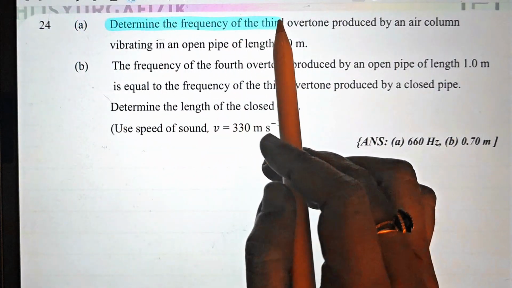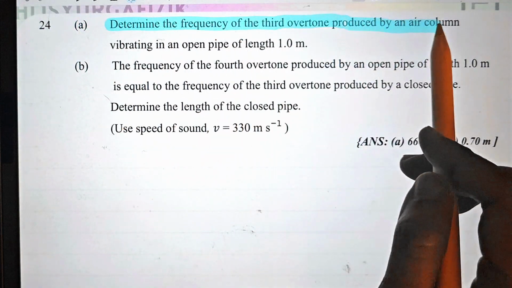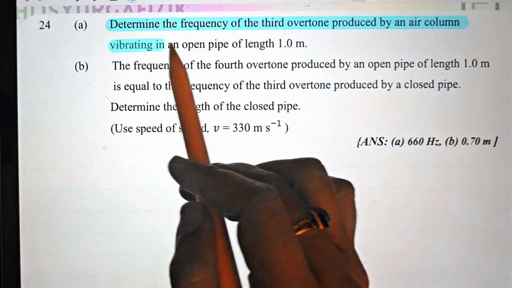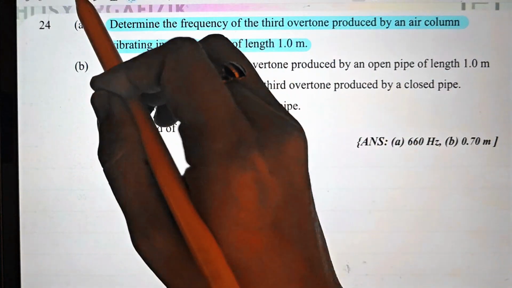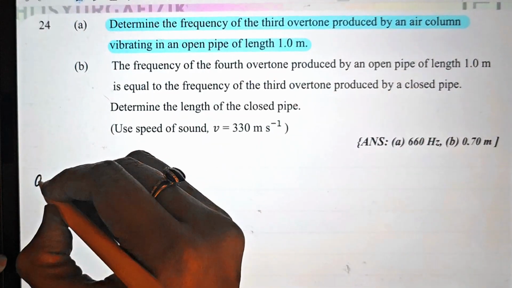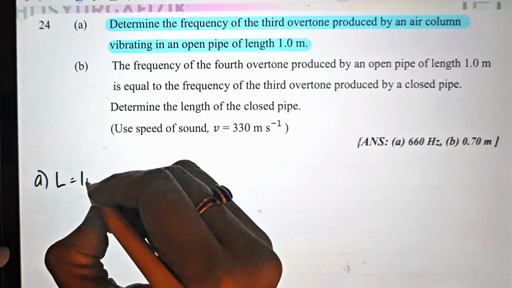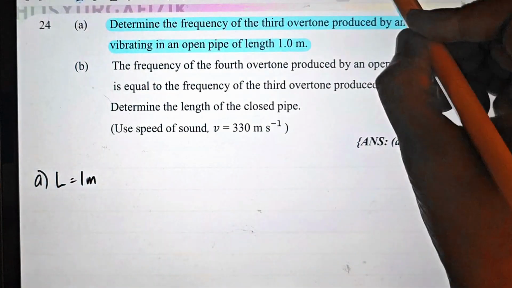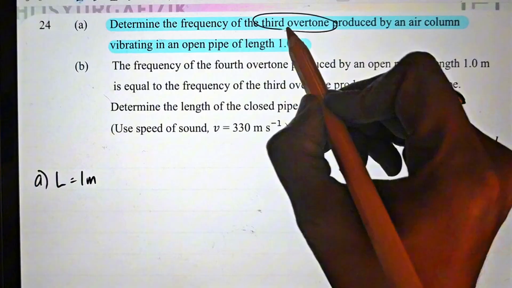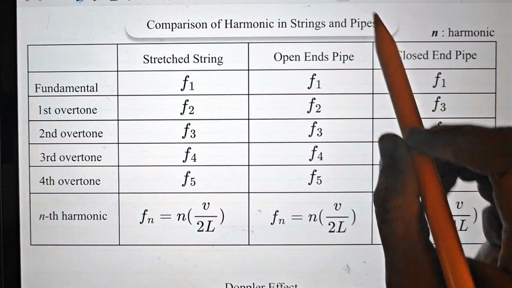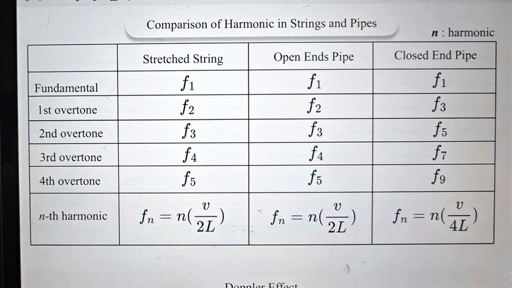Now let's go to question number 24A. Determine the frequency of the third overtone produced by an air column vibrating in an open pipe of length 1 meter. So for question A, we have 1 meter as the length. Let's go for the third overtone. What harmonic is that? We can refer to the table in my notes.